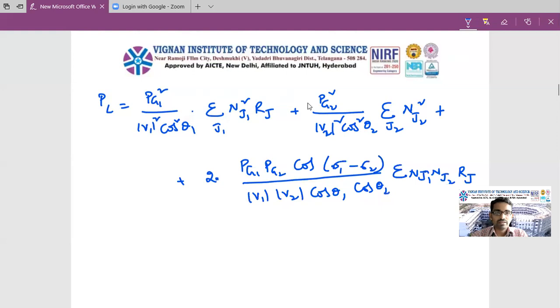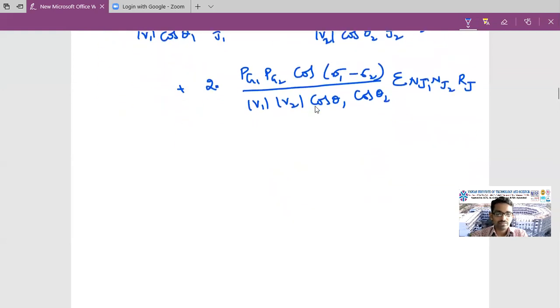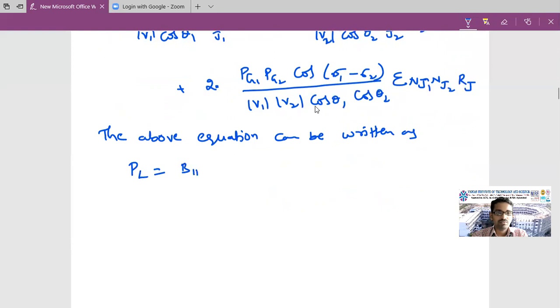So from this I can write the coefficients, that is, the above equation can be written in the form PL is equal to B11 Pg1 square plus B22 Pg2 square plus 2 B12 Pg1 Pg2, for 2 generating stations.